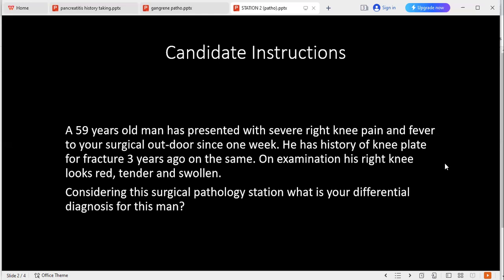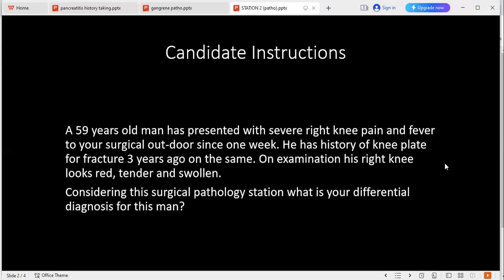I will offer painkillers for pain relief, and I will do splintage of the limb for relief as well. If there is any evidence of abscess, I would go for surgical drainage. What else would you do? One more important thing you'll be doing for the management. The removal of the knee plate. Very good, yes, because that has become a septic focus.